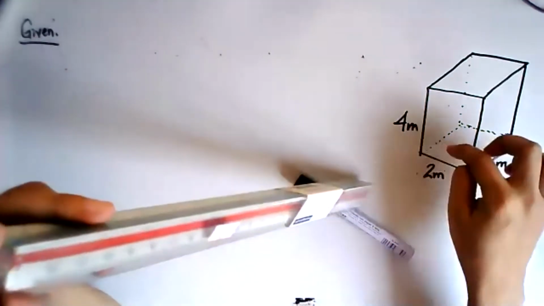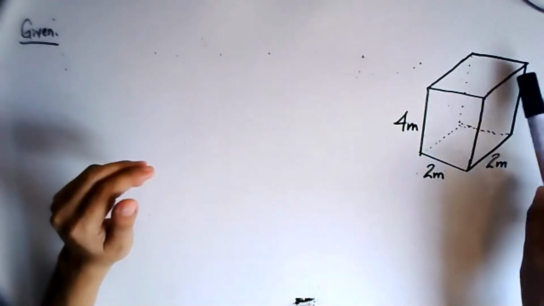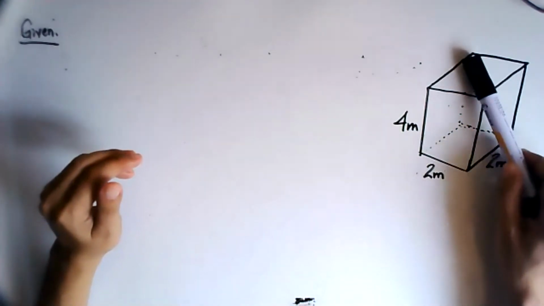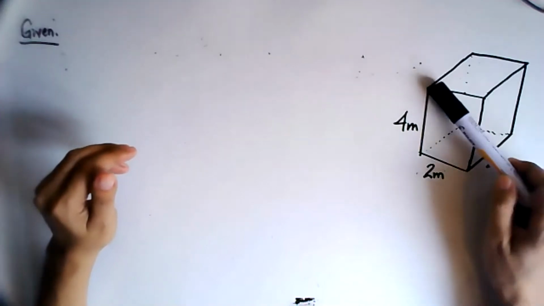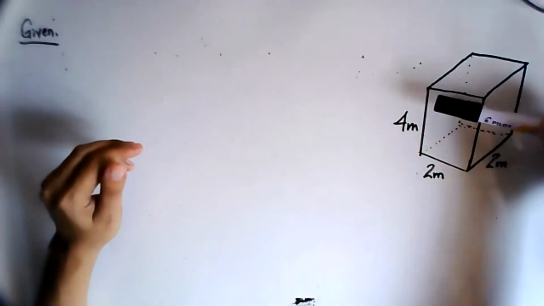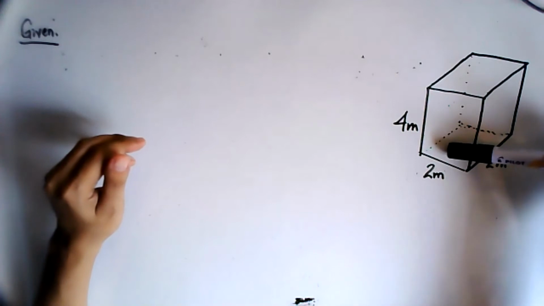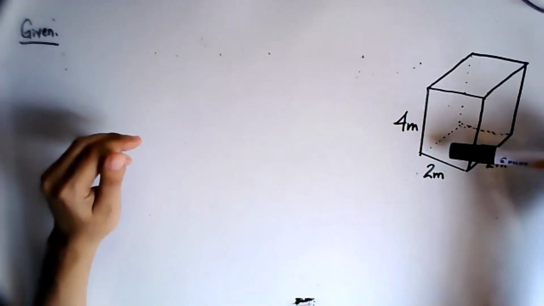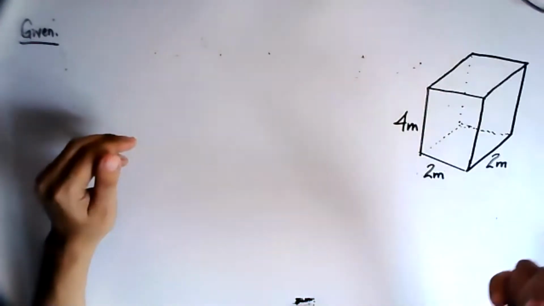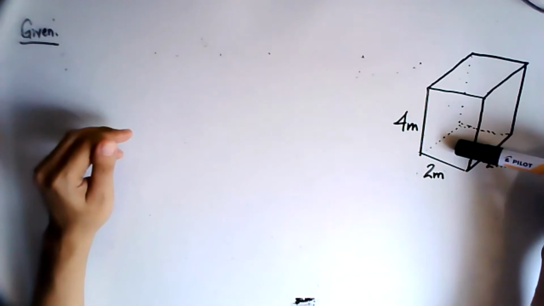So for rectangular and square prism, since the sides are 4, then the lateral area would also be 4 times the area of one face or one lateral edge. So how many lateral faces do you have for a square prism? You have 1, 2, 3, and 4 faces. Then how many bases? We have 1 and 2 bases.